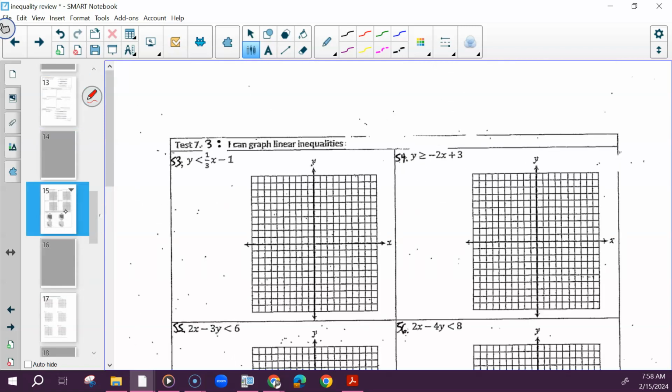Now we're on our graphing linear inequalities. Remember, this and systems are no calculator. Questions on any of those? Page 9.